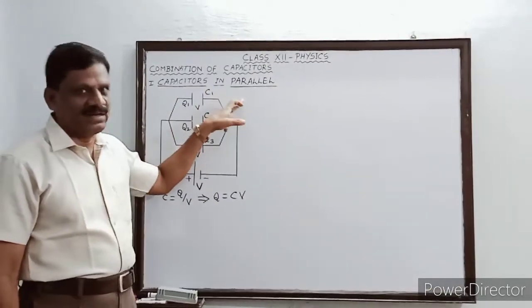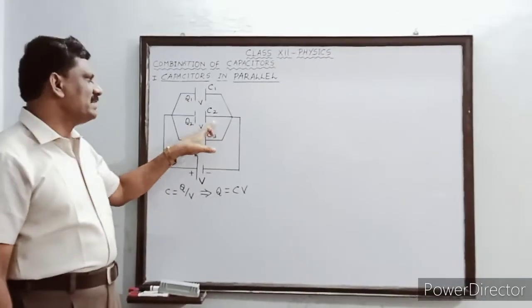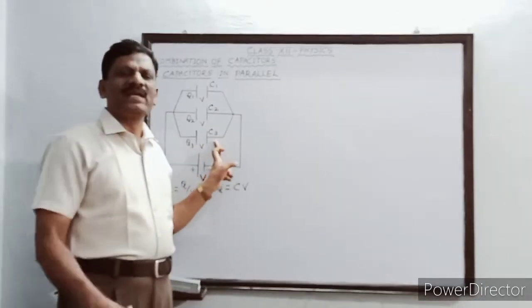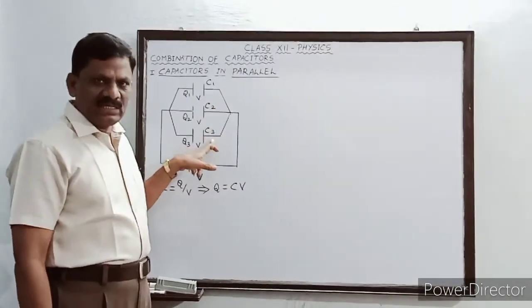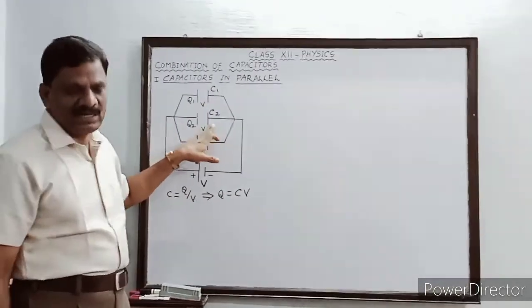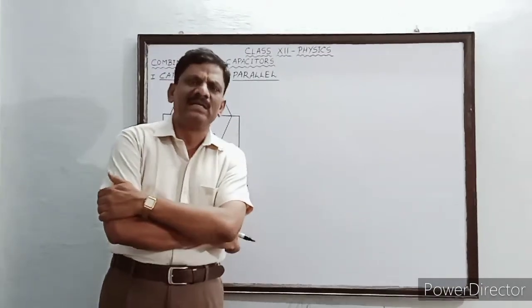Capacitors in parallel. Here there are 3 parallel plate capacitors having individual capacitances of C1, C2 and C3. They are connected in parallel. When do you say 3 capacitors are connected in parallel?